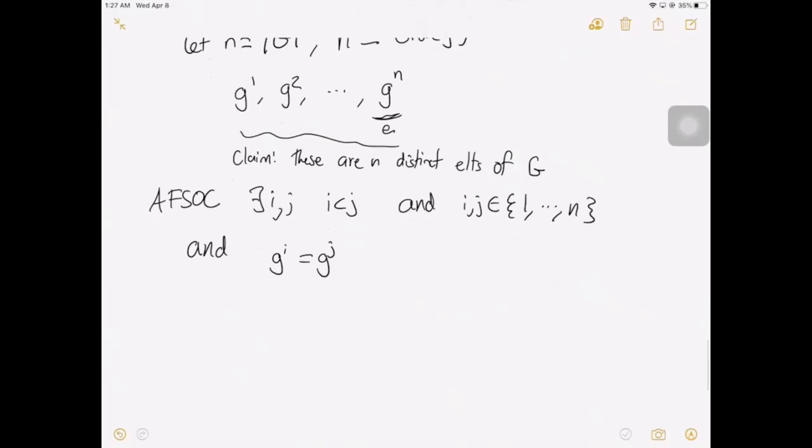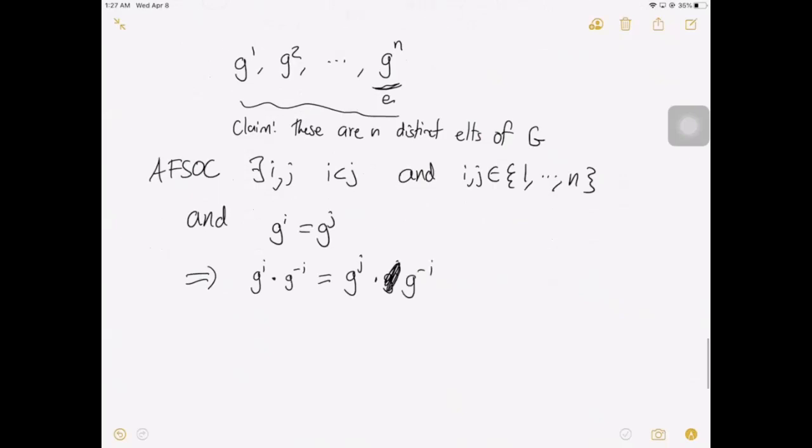This would imply that g to the i times g to the i inverse is equal to g to the j times g to the i inverse. Cool. So this means that the identity element is equal to g to the j minus i.